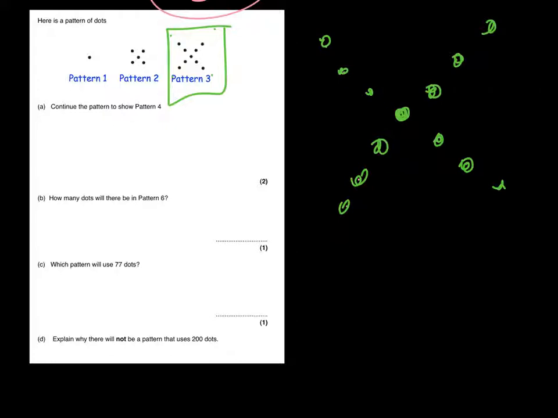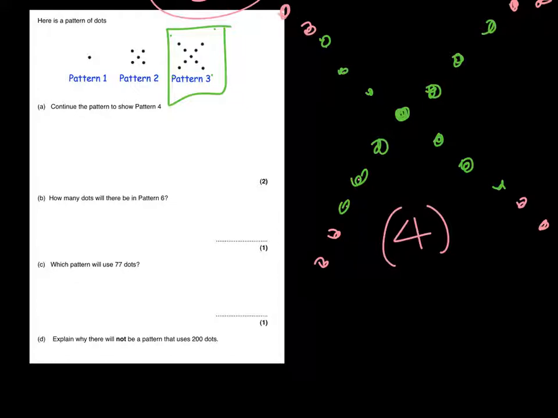So this is pattern 3, pattern 4, you could carry the pattern on to draw another 2, because this is pattern number 4, and if you know the next one is going to be, add another one, so that's going to be pattern 5, and pattern 6 is going to have another one on each end.